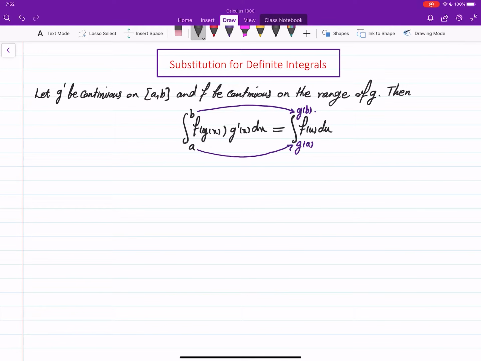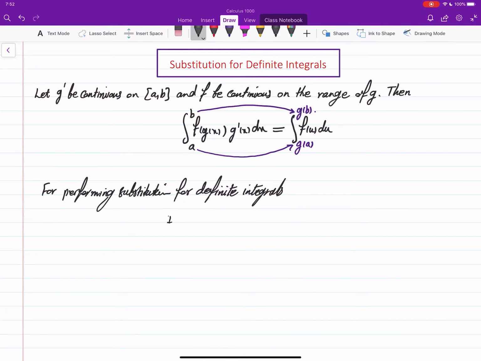So when it comes to performing substitution for definite integrals, we again need to change the x integral to the u integral.